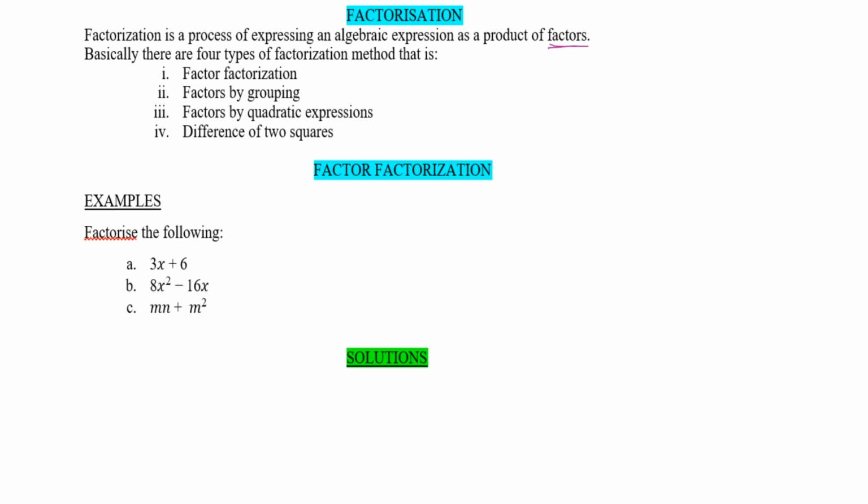So for the solution, A is just 3x plus 6. Alright, so we can look for the common factor. This common factor should be the lowest common factor of 3 and 6.